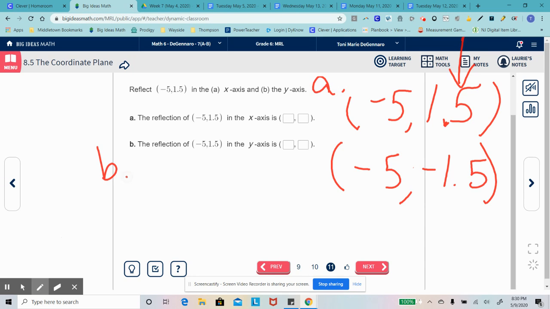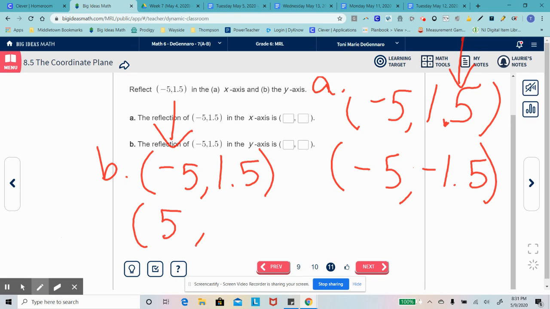For B, we have negative 5 comma 1.5. And this time it says the reflection is in the y-axis. So think in your head, if we're going to have the reflection in the y-axis, if you said we're doing the opposite of the x, you are correct. So it's 5 comma 1.5.